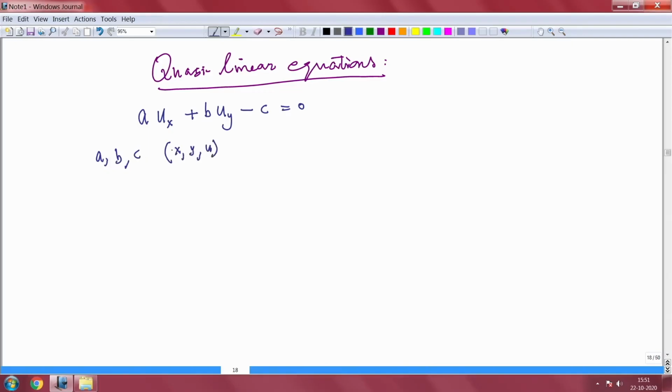It depends on u. Okay, a is equal to a(x, y, u), b is equal to b(x, y, u), and c is equal to c(x, y, u).